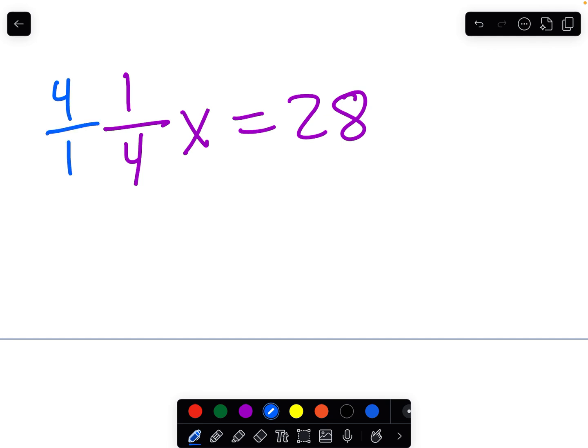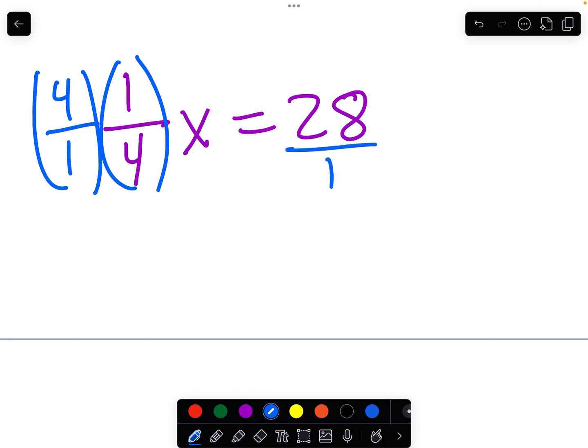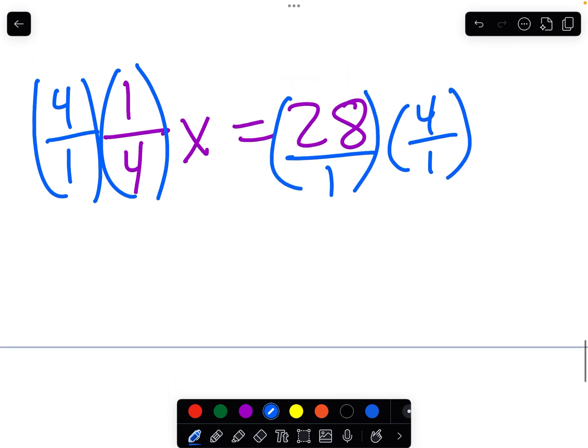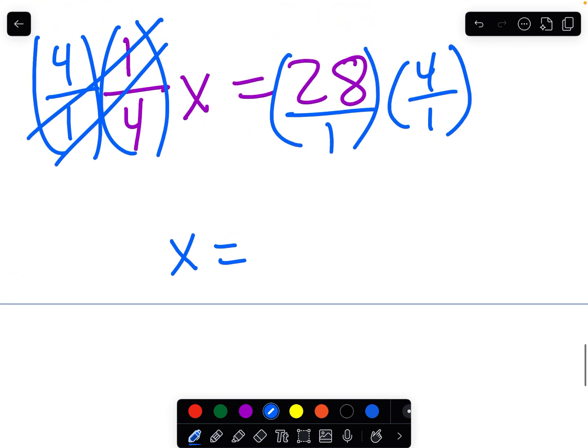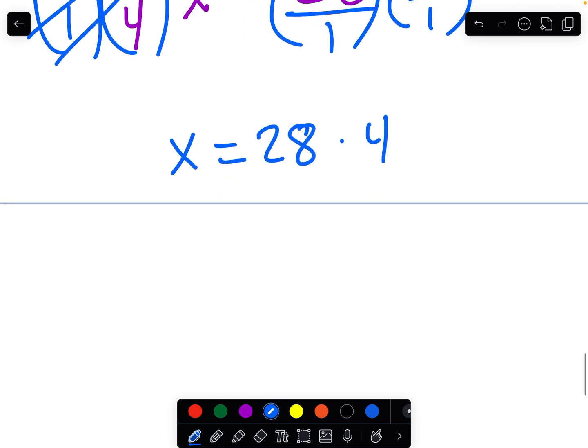Or another way to think about it is 4/1, which is the reciprocal of 1/4. And so I'm going to multiply both sides by 4/1. Okay. Now, 4/1 times 1/4, those cancel each other out, and I'm left with x equals 28/1, which is 28, times 4/1, which is 4.